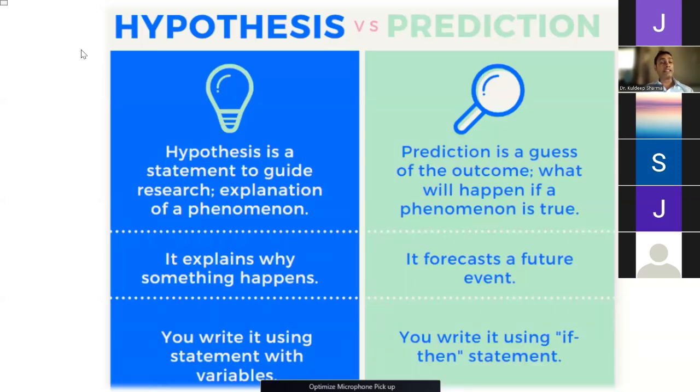And then I will say, let's see, that was my hypothesis. But most people say that was your prediction. Instead of hypothesis, they will say prediction. What is the difference between prediction and hypothesis?